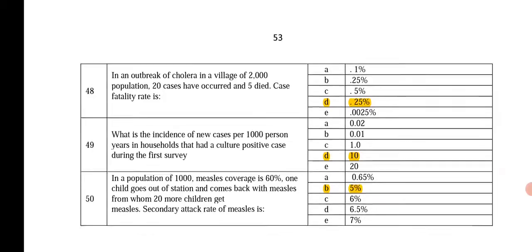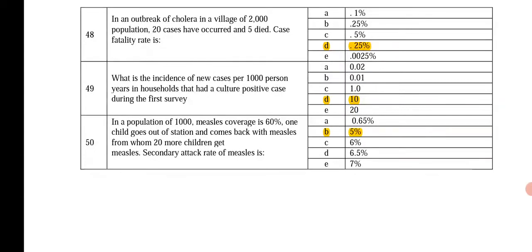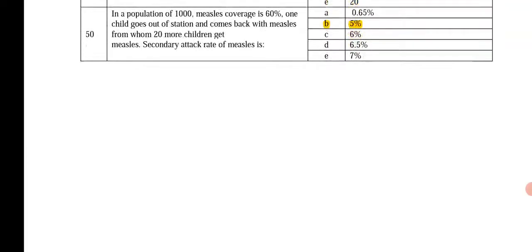What is the incidence of new cases per 1000 person years in households that had a culture positive case during the first survey? 10. In a population of 100, measles coverage is 60%. One child goes out of station and comes back with measles from home. 20 more children get measles. Secondary attack rate of measles is 5%.